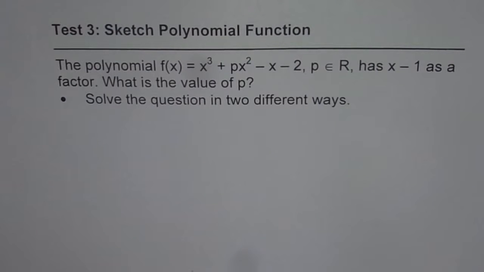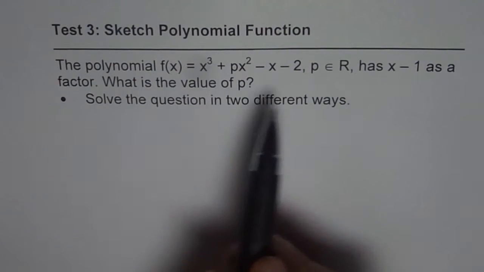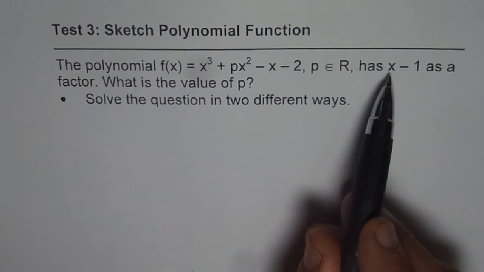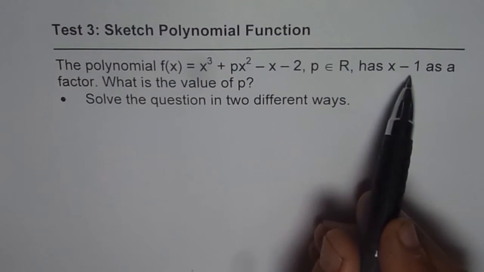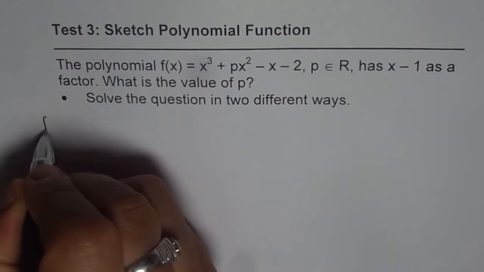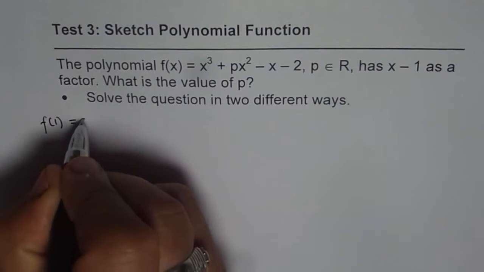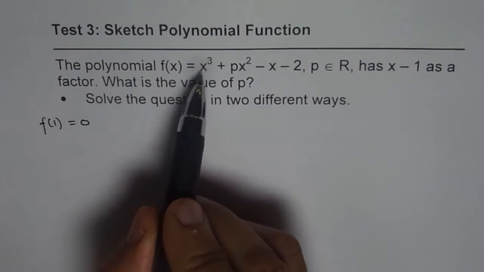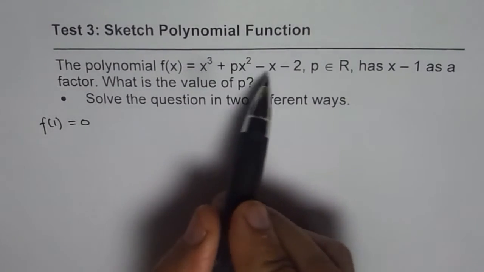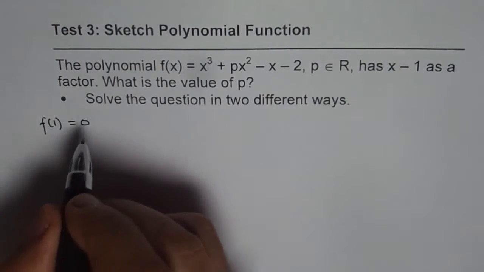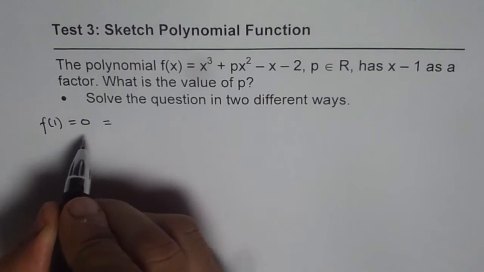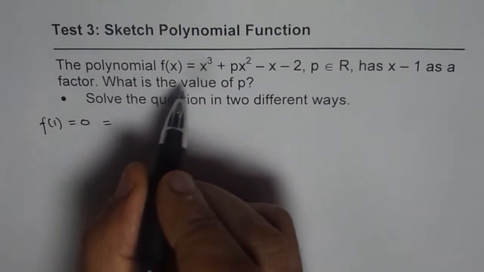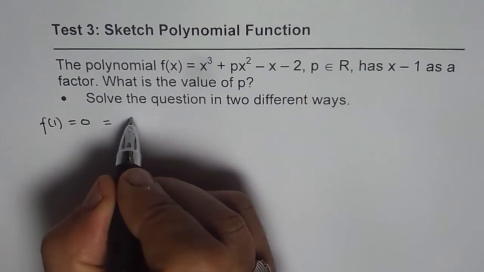I'll recommend the first one should be using the factor given to us, which is x minus 1. What does it mean? It really means that f of 1 should be equal to 0. And f of 1 means when I substitute x as 1, so the value of the polynomial when x is 1. So let's replace all these x's with 1.